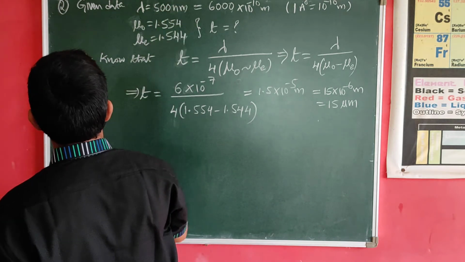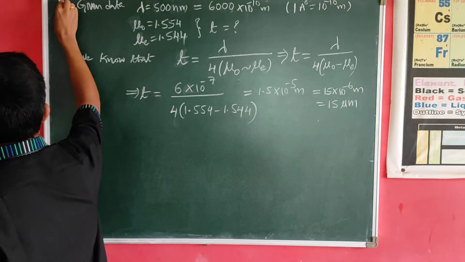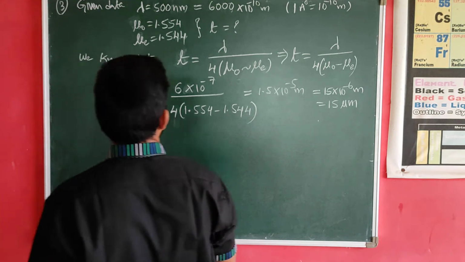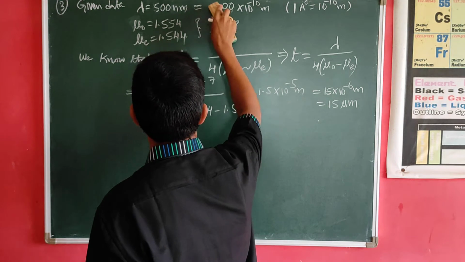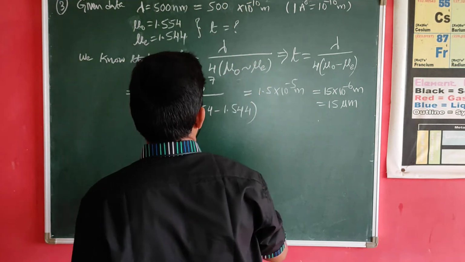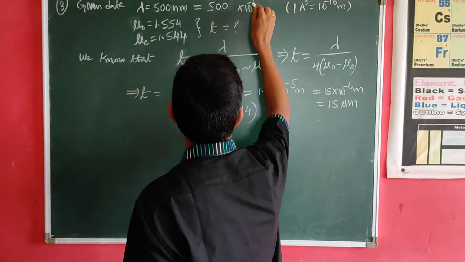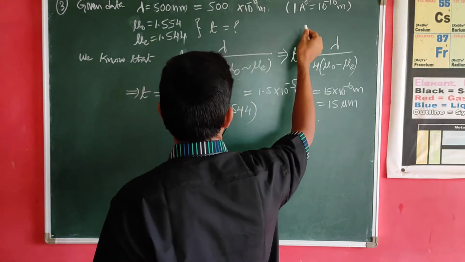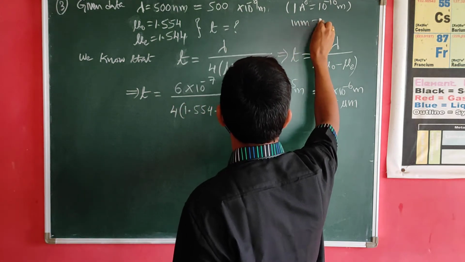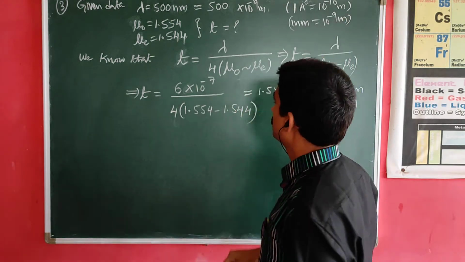That means if you convert it into meters, 500 into 10 power minus 9 meters, because 1 nanometer equals 10 power minus 9 meters. We know that.